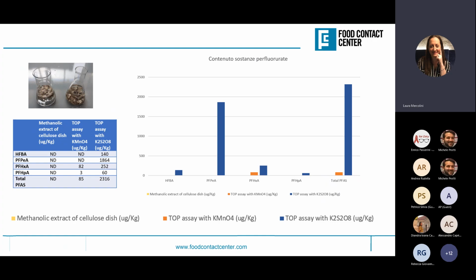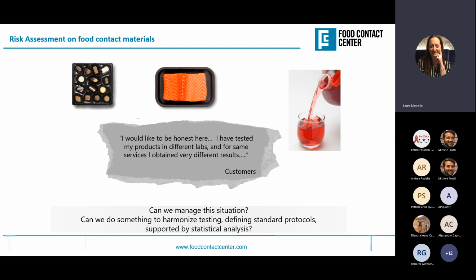So at the end of the day, our customer was very, very happy with the result, because it was possible to show that there was total organic fluorine, but also some PFAS were detected. Of course, the quantity is not comparable to the quantity that was found with the TOF analysis.